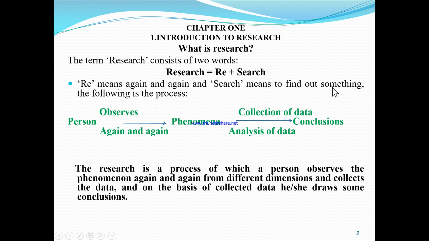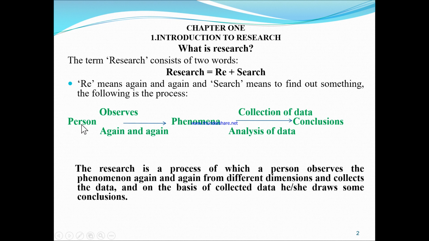So it's better to see here the process of research. For example, here we do have a person, and finally here we have a conclusion. This person tries to observe a phenomenon. This phenomenon can be any occurrence, any fact, or an incident.